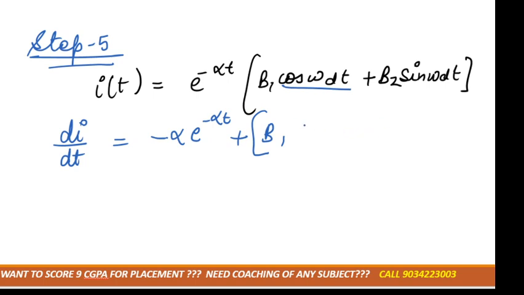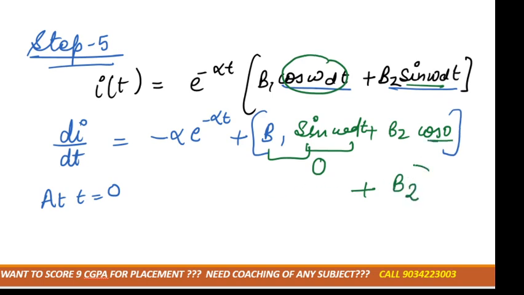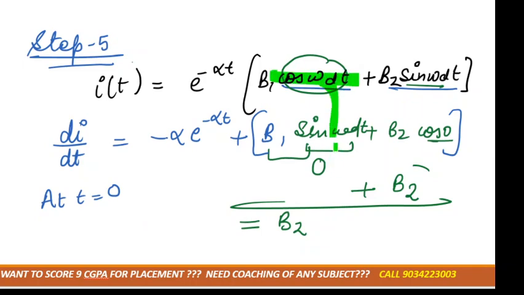Cos omega t differentiation, again we have to do all this differentiation. After differentiating we can put t equal to 0. After differentiation this cos will convert into sine, and this sine will convert into cos, right? Now when we put t equal to 0, sine will become 0, then b1 term will become 0, and cos 0 will become 1, so b2. So from this we'll get the value of b2. From this step number 5 we'll get the value of b2, because cos converts to sine, and if we put t equal to 0, sine 0 is 0.